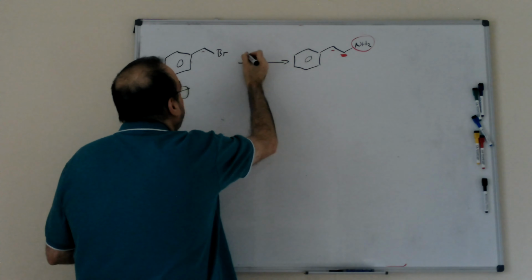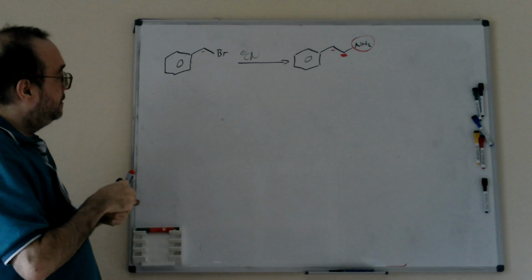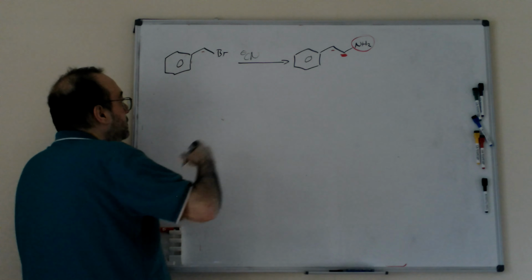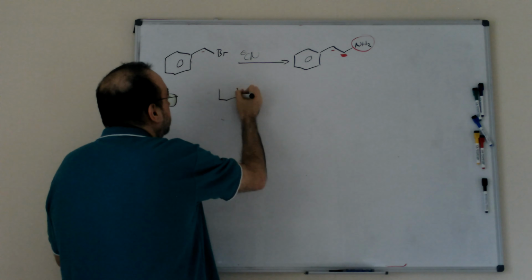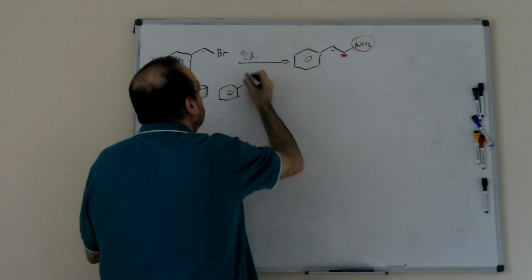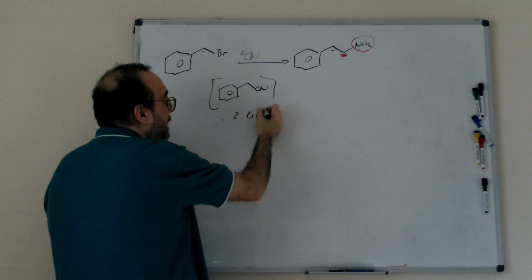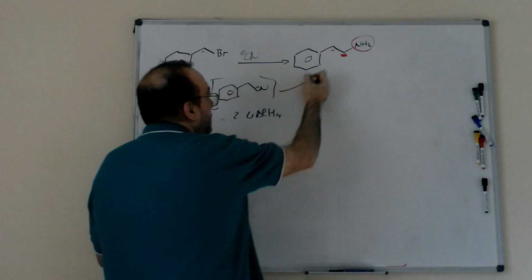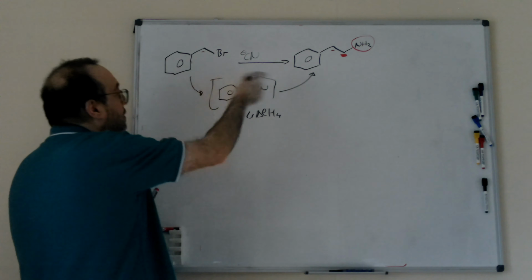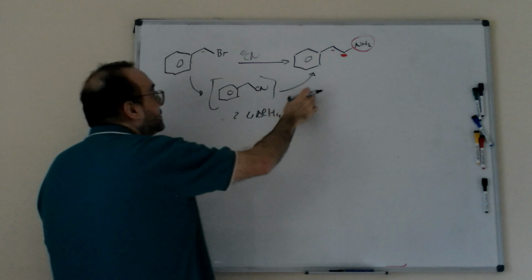For example, if we react this with cyanide, we generate this intermediate, and then we add lithium aluminium hydride, and we get the final compound.